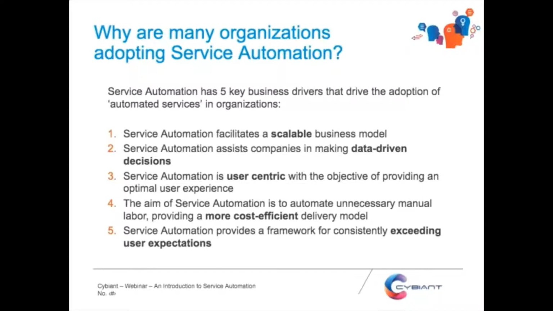First of all, if you deliver an automated service delivery model, it means that your business is highly scalable. If you have put the technology in place, meaning the workflows and the scripts in order to deliver your services, you can scale very, very rapidly. Because all you need to do is make sure that you connect more users to your product or service.